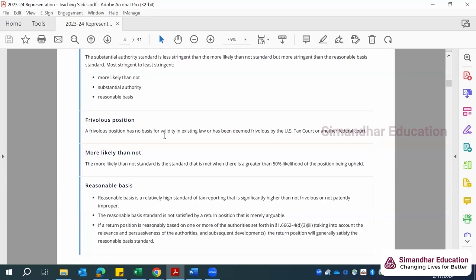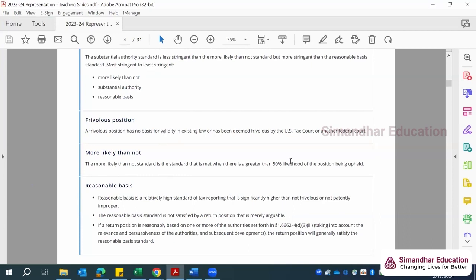A frivolous position can also be that certain income is subject to taxation, but you argue that that income is not subject to taxation. Frivolous means something that is not even worth a debate, that someone will not even spend time debating that position.